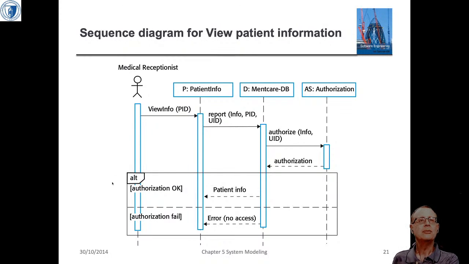And then here we've got a guard condition. Only one of these things happens. If the authorization is okay, we get the patient info. If the authorization fails for whatever reason, then we get an error.